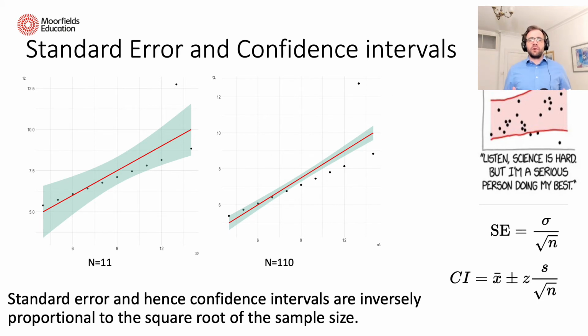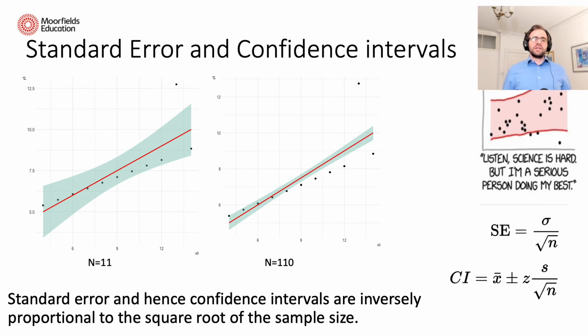The number of data points is inversely proportional to the square root of the standard error. And to get your confidence intervals, you can see from the formula, that's how you get your confidence interval.